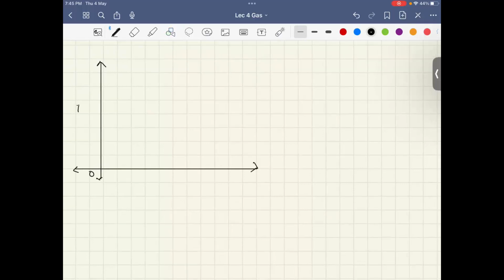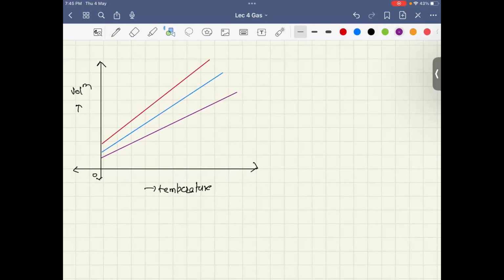Here we have volume, and here we have temperature. We are going to have plots like this. These are all the points which are going to converge onto a single point. If you go like this, they are all going to converge at a single point, because this is temperature in degree centigrade. So this is going to be 273 Kelvin.